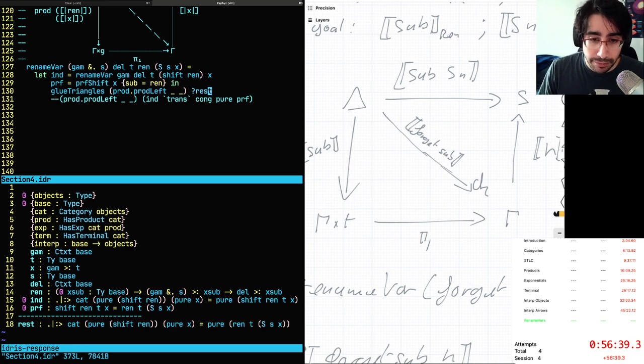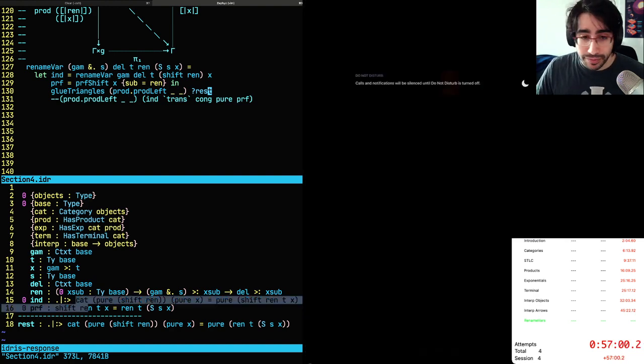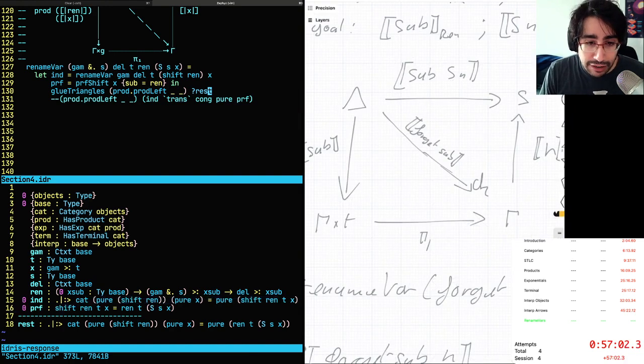So here you end up with shift of the renaming followed by pure is the same thing as applying renaming to t. This bit here is actually taken care of by this, but the left bit we don't know. However, again, if we look at our context, we already have this bit by induction hypothesis.